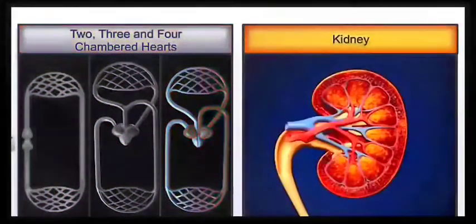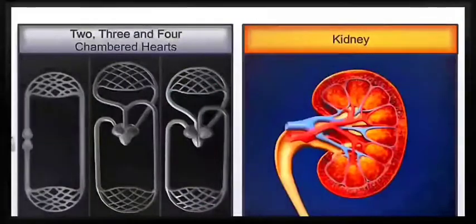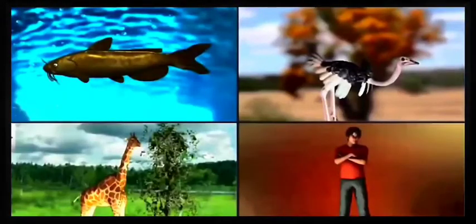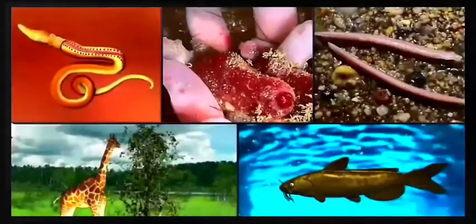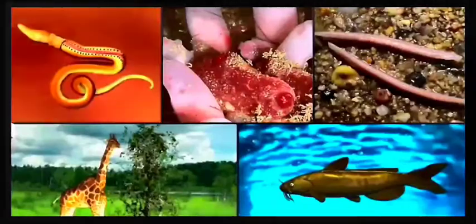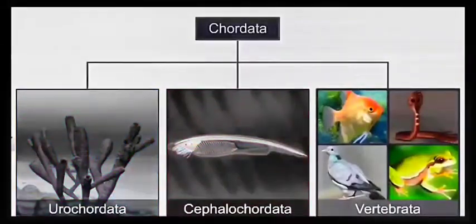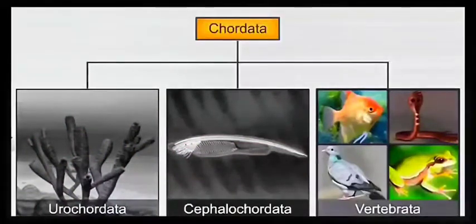They have a closed circulatory system with 2, 3 or 4 chambered heart and kidneys for excretion. They have paired appendages, which may be fins, wings or limbs. So we can say all chordates are not vertebrates, but all vertebrates are chordates.